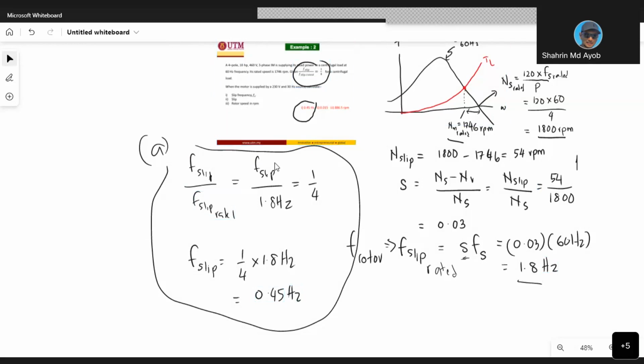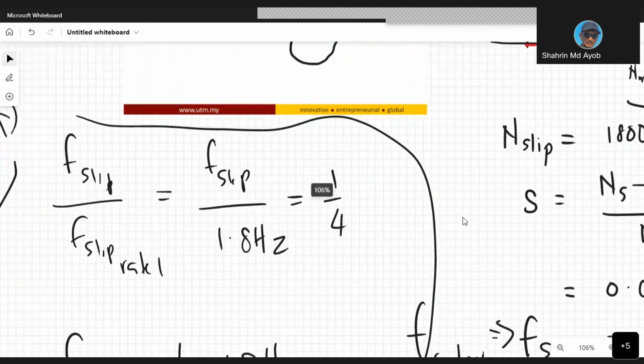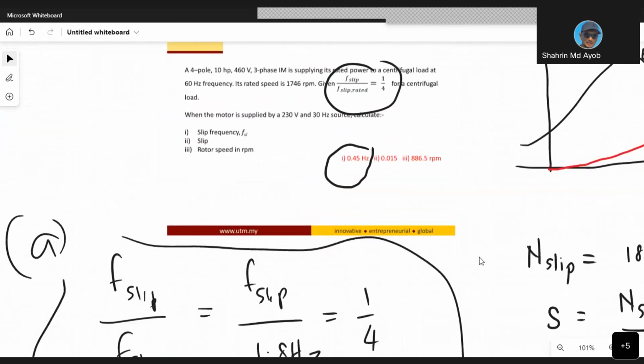Okay, next is the slip. Can you find it? What is your slip? Frequency slip is given 0.45.